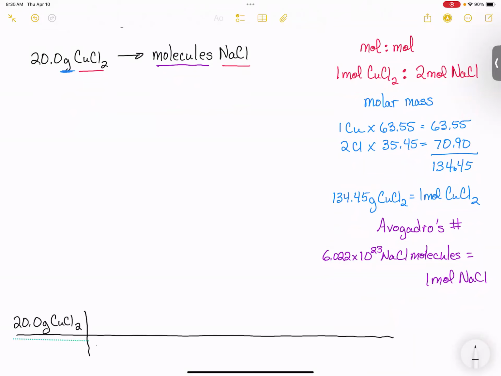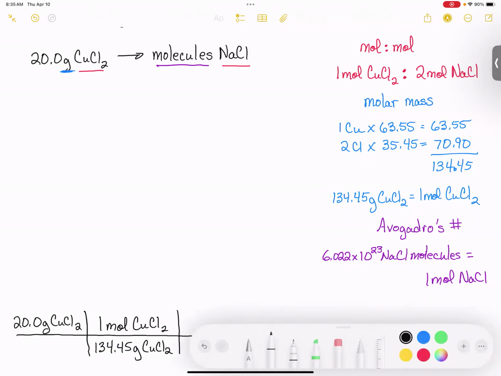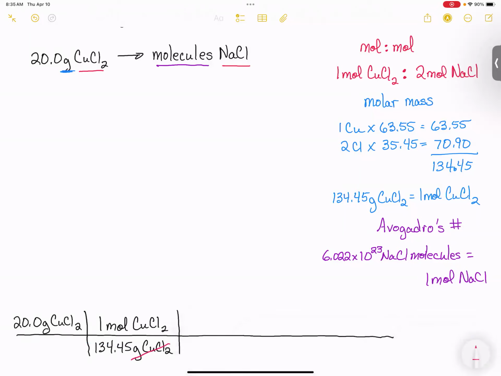With the molar mass, the 134.45 grams of CuCl2 will go in the denominator, with the 1 mole of CuCl2 going in the numerator. We had to place the grams of CuCl2 in the denominator so that the unit and the substance would cancel, leaving moles of CuCl2.